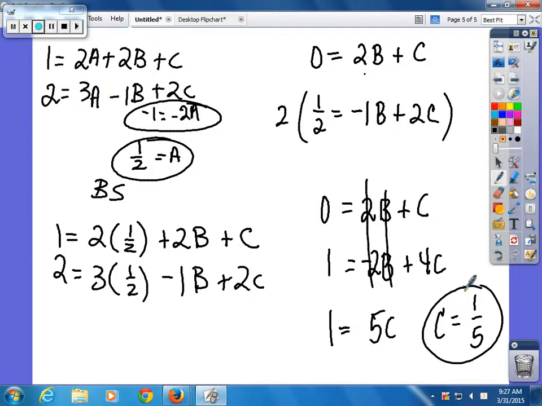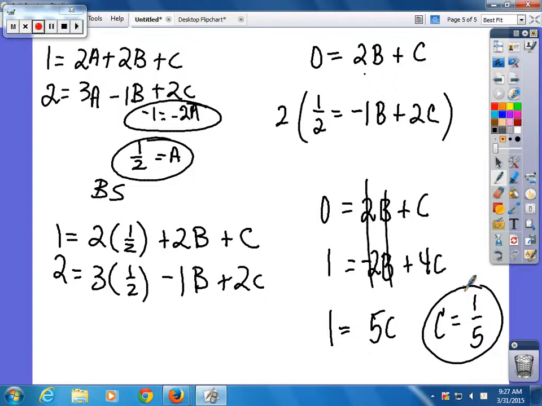So A is equal to 1/2, huh? Did I do something wrong? No, that's okay. So A is equal to 1/2, C is equal to 1/5.